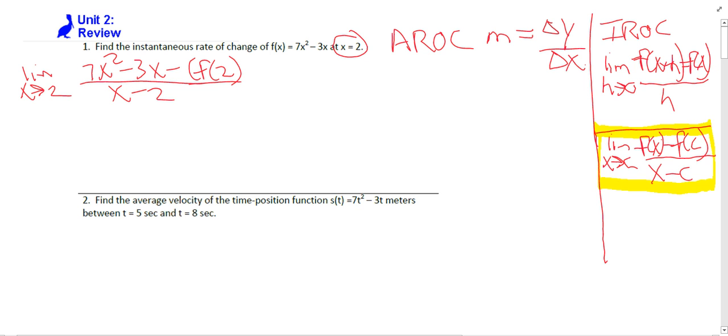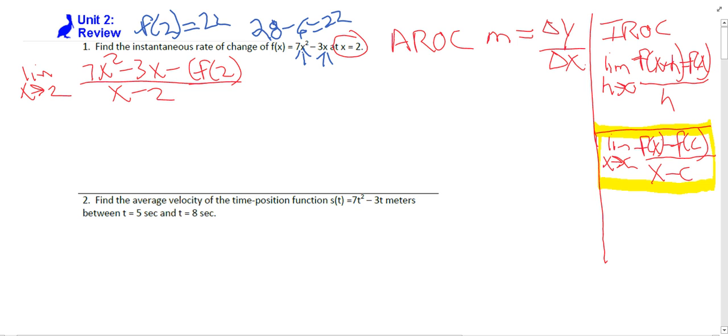So now we have to do some calculating here. Plug in 2 right here and plug in 2 right here, and we would get 2 squared of 4. 4 times 7 is 28, and 28 minus 6 equals 22. So the first step is to find f of 2, and that equals 22.